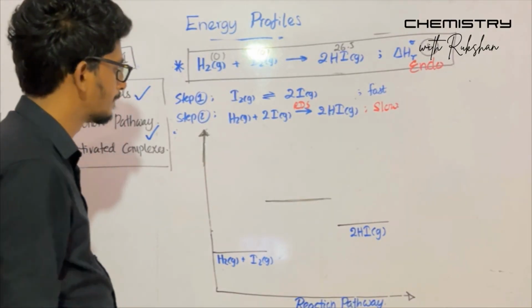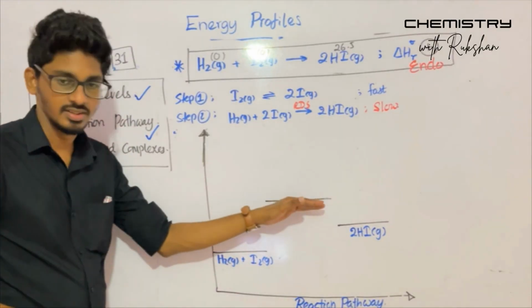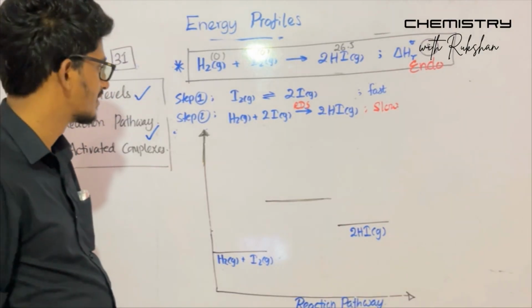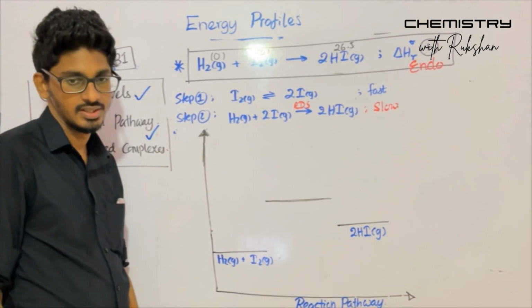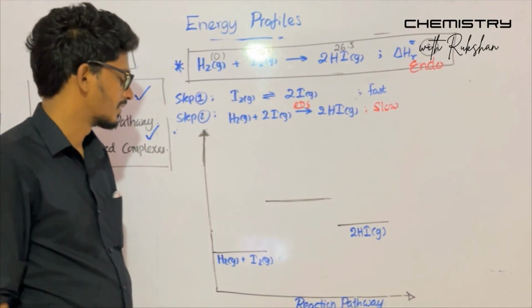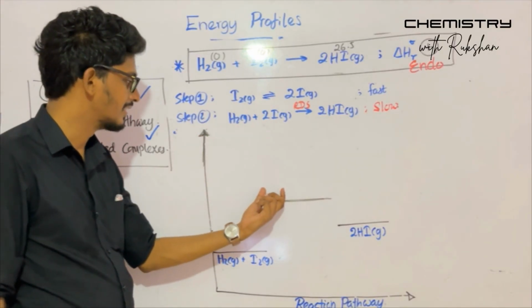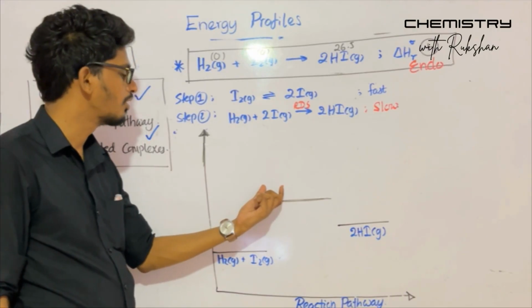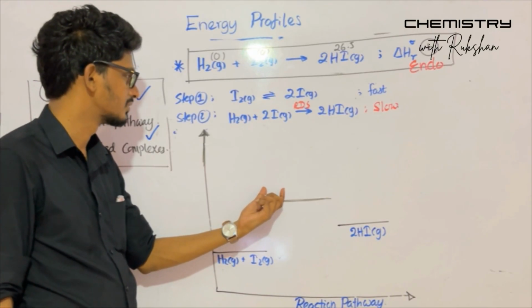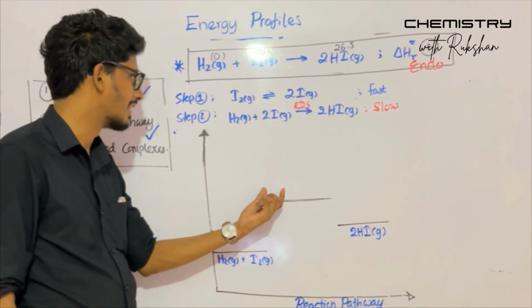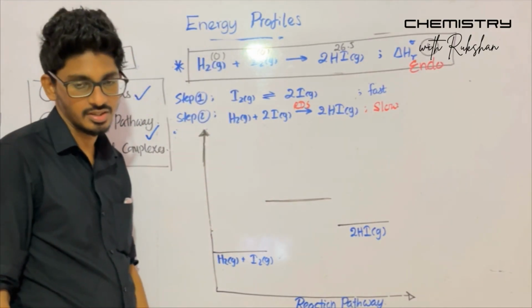So how do we write this? I always say first consider step one. First write the species that are not involved in the reaction at step one, but which are on the overall reaction's reactant side.